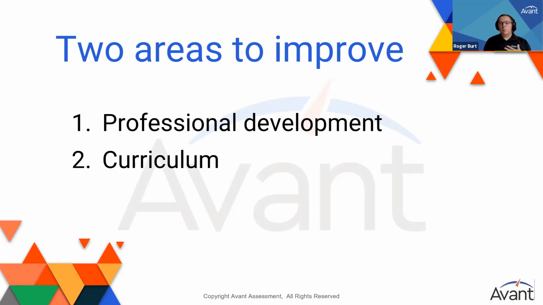When I got there, AP was a class for seniors. Not that it had to be, that's just kind of what it was. But now, based on data, we were finding sophomores and juniors who were being very successful in that class.